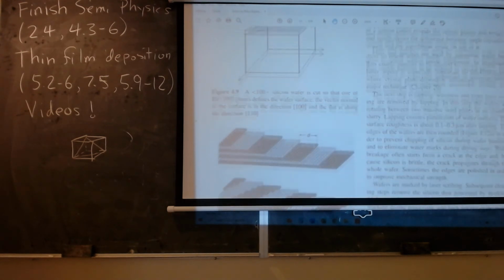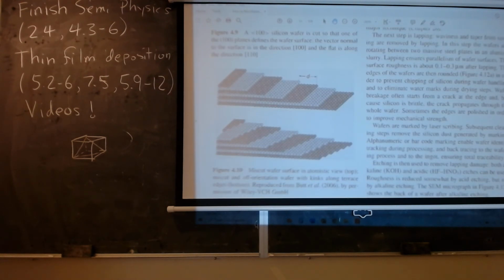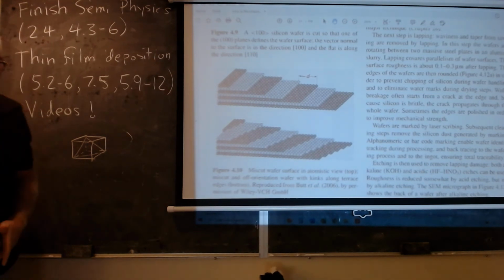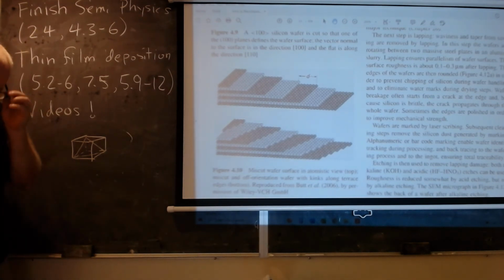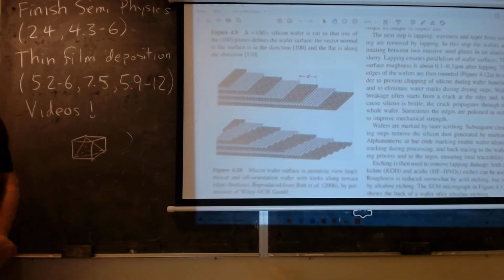Now, this is also something important to realize: you can order wafers for fabrication that are called miscut, which means that the surface is not exactly in, for example, the 100 plane.